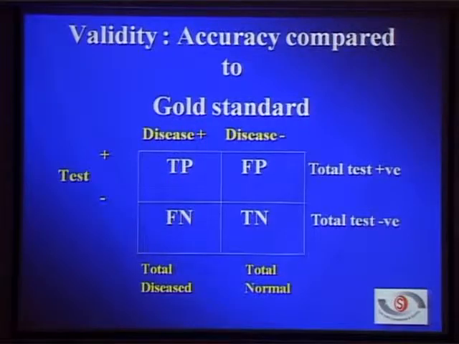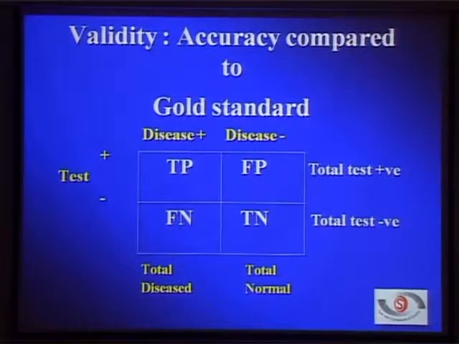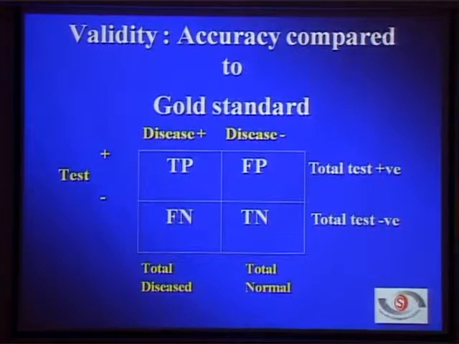There has to be a gold standard. In glaucoma, automated perimetry is the gold standard. Automated perimetry has lots of limitations and is not a very sensitive test, but we have to assume and take a certain test as the gold standard for the diagnosis. At this point in time, in glaucoma it is automated perimetry.